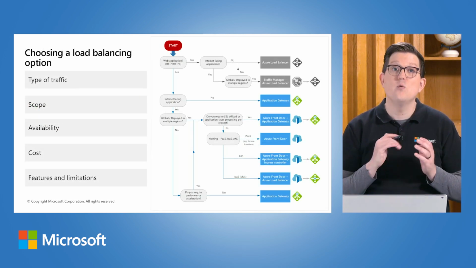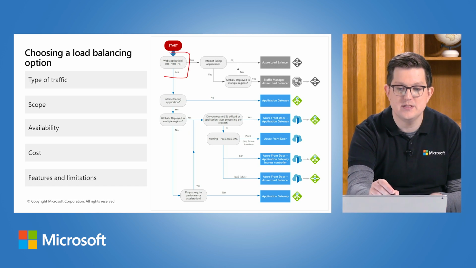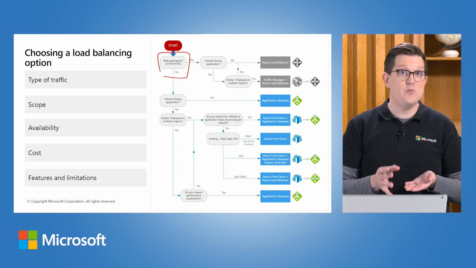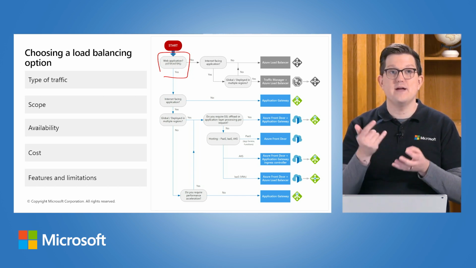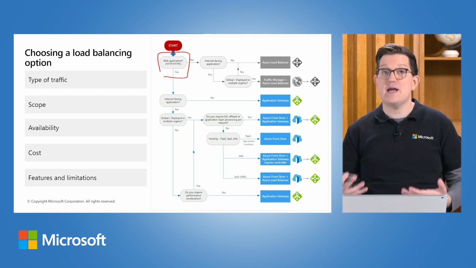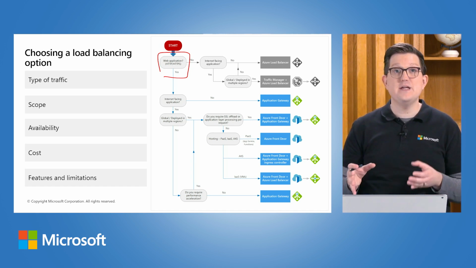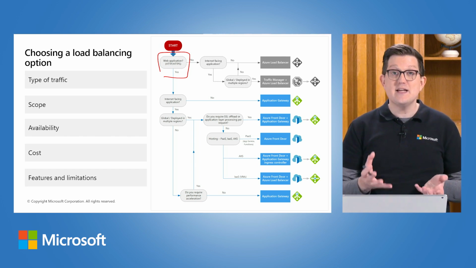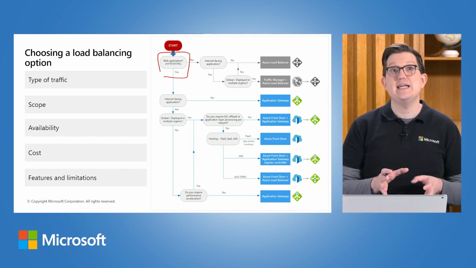The first no-go point is: is your application a web app? Because if the answer is that it's a web app, you head down to the bottom and there are a lot of decisions you will need to make. There are some specific things around SSL offloading, security, and if you are internet facing, that will make your decision easy.